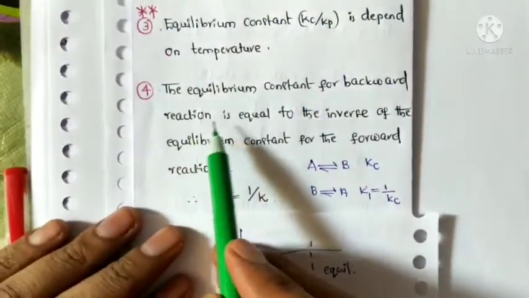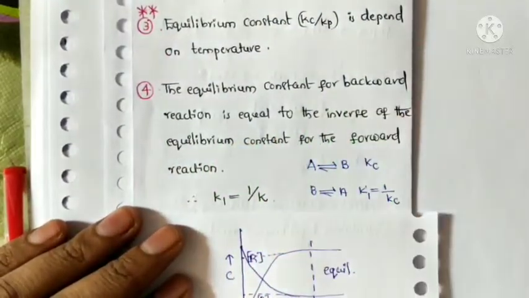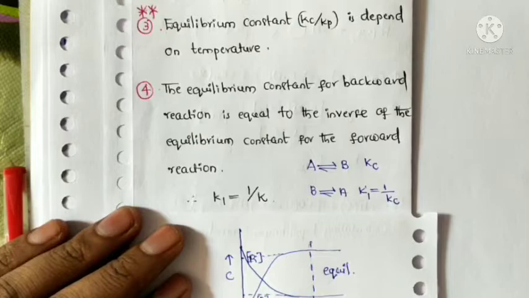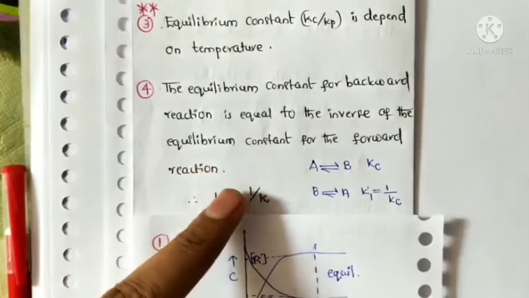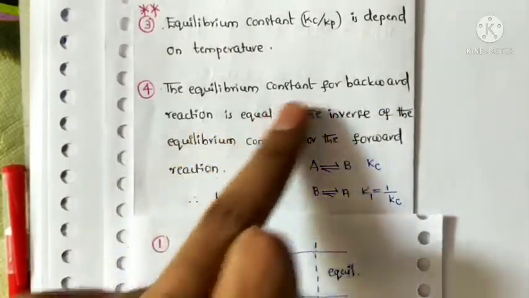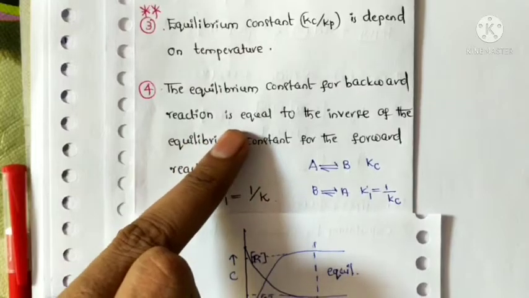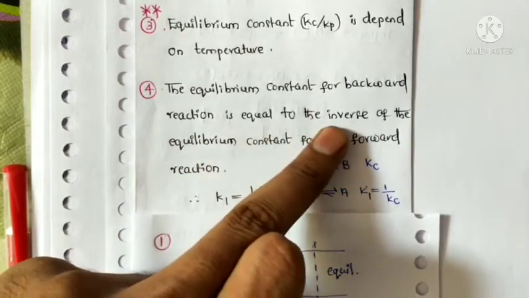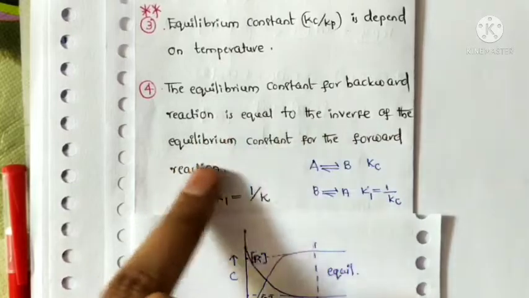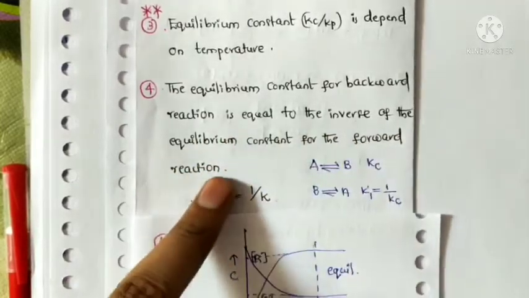Okay, that is the explanation. The equilibrium constant for the backward or reverse reaction is exactly equal to the inverse of the equilibrium constant for the forward reaction.